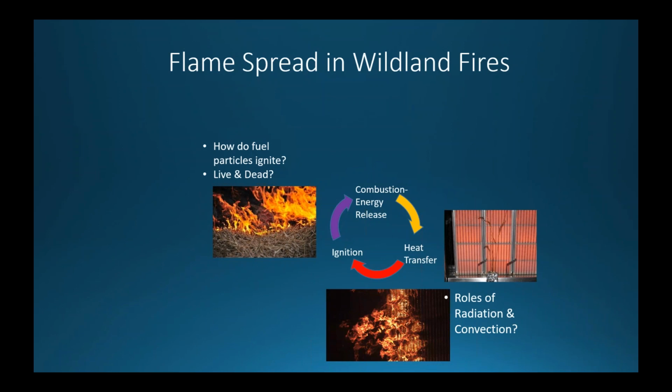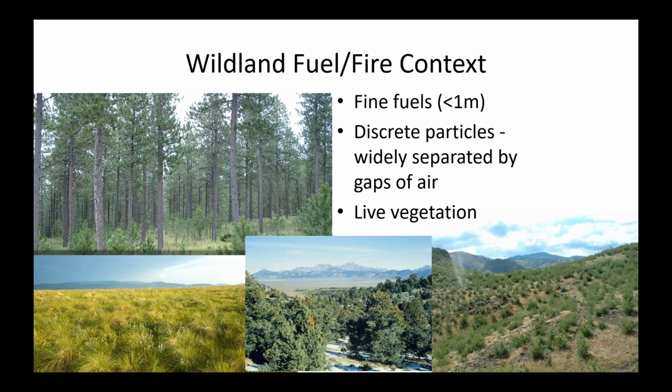That is the roles of radiation and convection in producing ignition, in this case, of dead fuel. So to state the obvious here, wildland fuel is totally different than, say, industrial fire problems and building fires. We're primarily dealing with fine fuels, that is less than 1 millimeter in size.